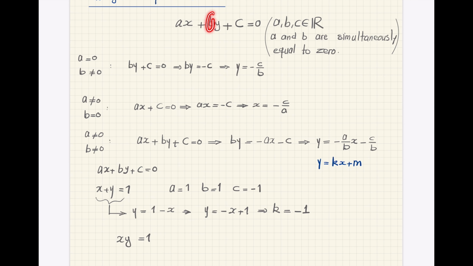If I start playing around with these numbers, there is no chance for me to come up with a pair of numbers which generates this product for me. So this means that it is not possible to write this equation in that form. If it is not possible, then this is not a straight line.